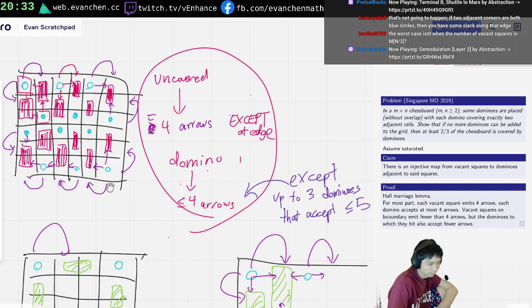Is that true? Yeah, so I do a counterclockwise orientation or something, and then I make sure that the upper left corner, say, none of the dominoes there are infected with the problem.